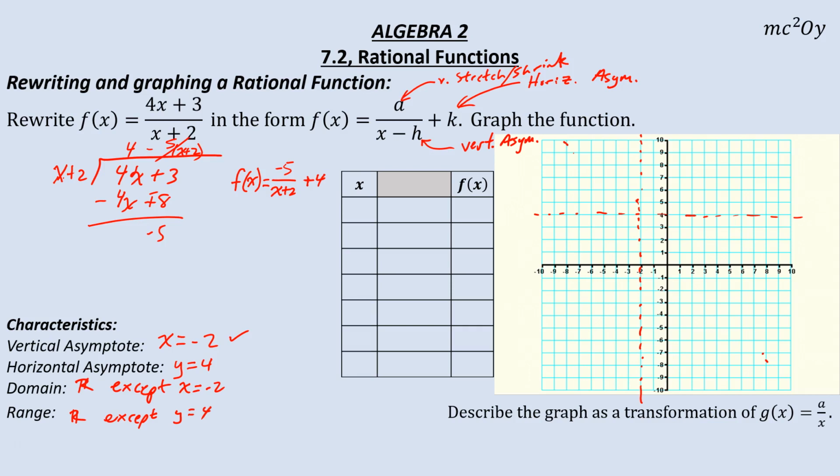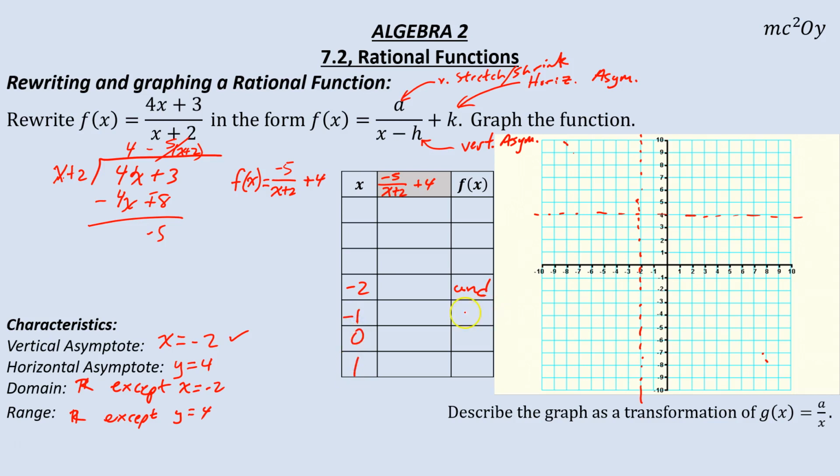So I'm going to go ahead and use, actually, you know what? Yeah, let's use our -5 over x plus 2 plus 4. I know at -2 is here. That's going to be undefined. I'm going to put in my -1, 0, and 1.